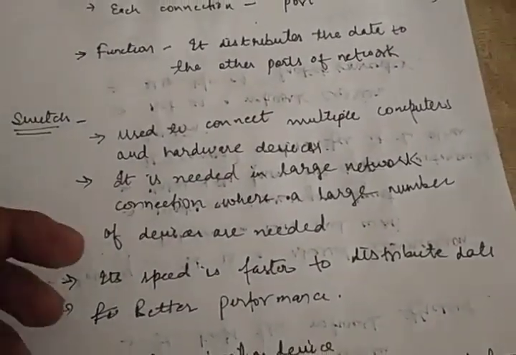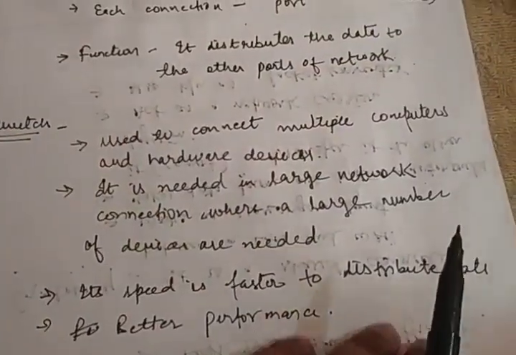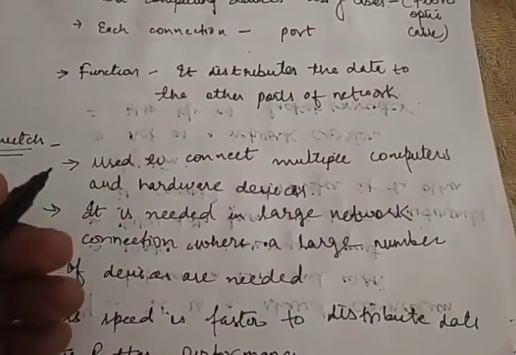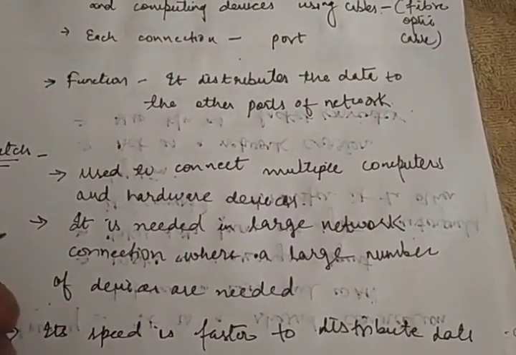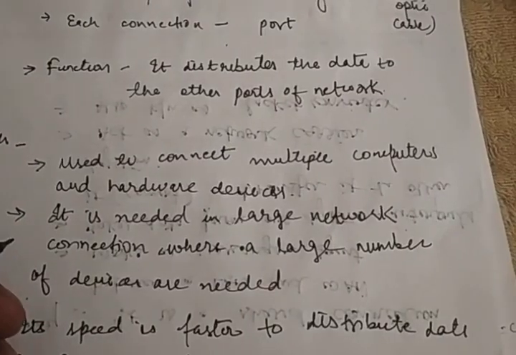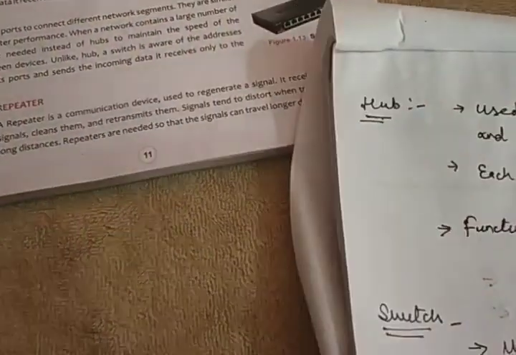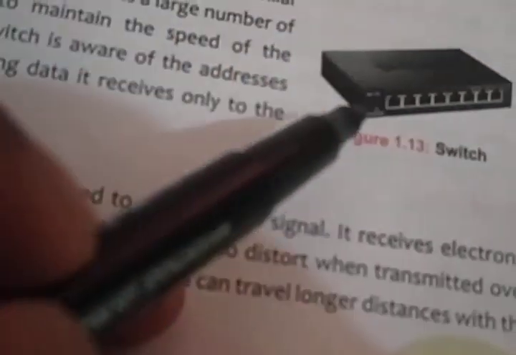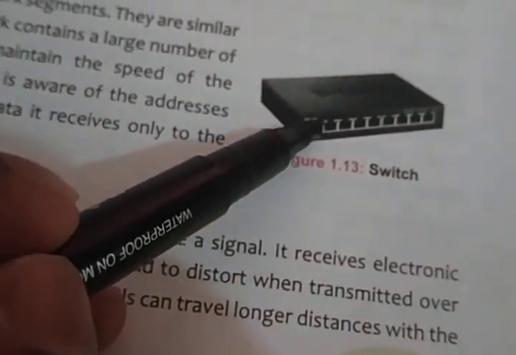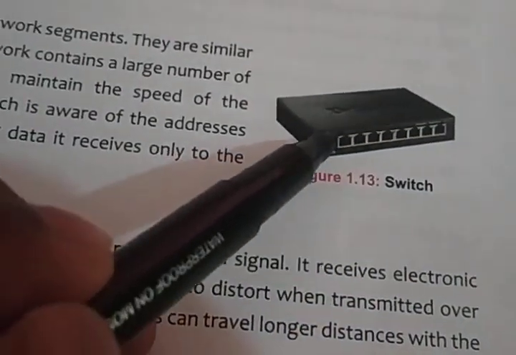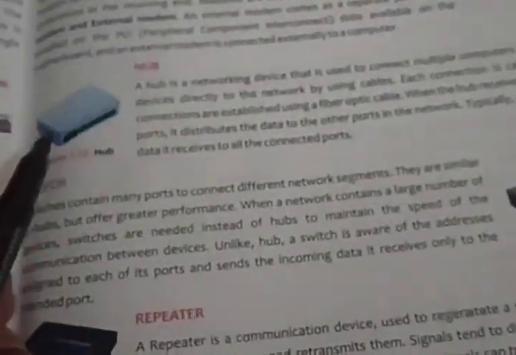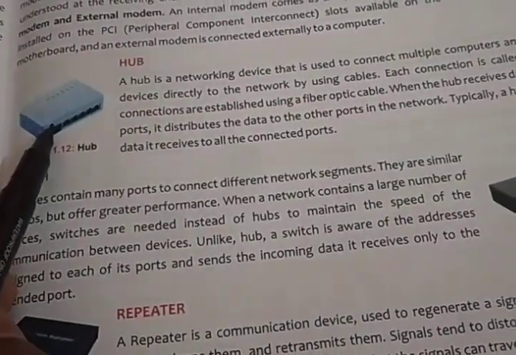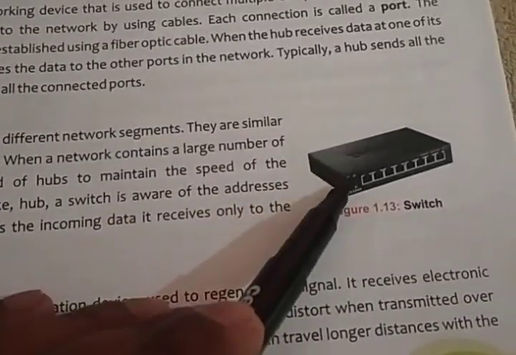Now the switch is also a networking device, but it is a bigger form of the hub. You can see the hub here with multiple ports. You can see that the number of ports in a hub is smaller as compared to the number of ports in a switch.